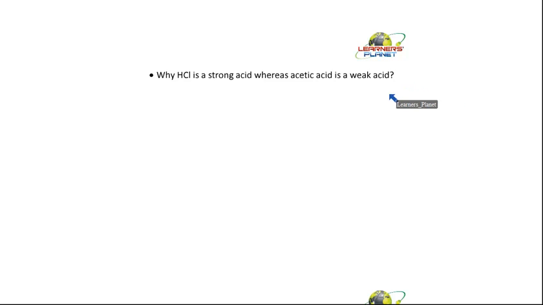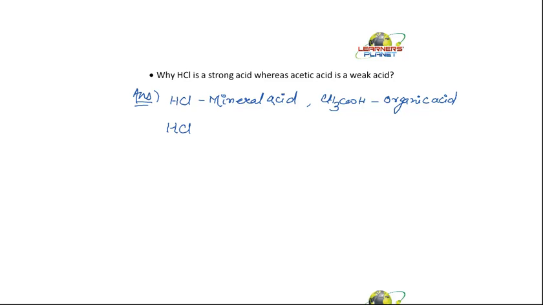Why is it so? Your HCl is what? It is a mineral acid, right? HCl is a mineral acid, and your acetic acid or CH3COOH is an organic acid. Okay. Now if I dissolve HCl in water, what will happen?